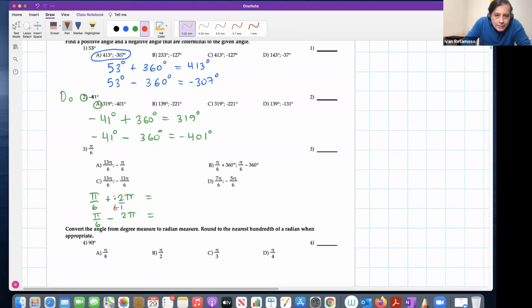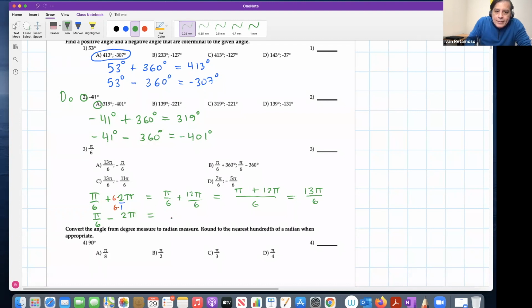And as a result, I will get pi over 6 plus 6 times 2, which is 12 pi, over 6 times 1, which is 6. Now that they both have the same denominator 6, I can add pi plus 12 pi, and believe it or not, guys, 1 pi plus 12 pi is 13 pi over 6. This is a positive coterminal angle of pi over 6.